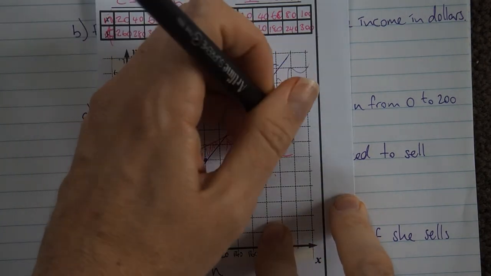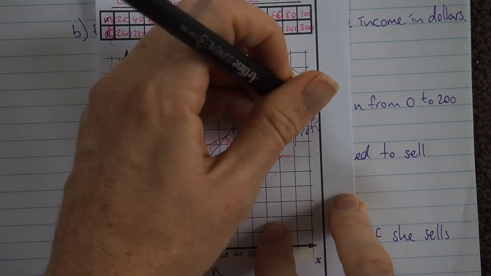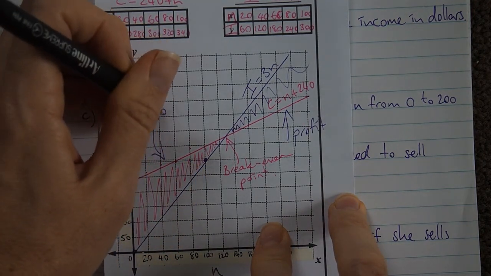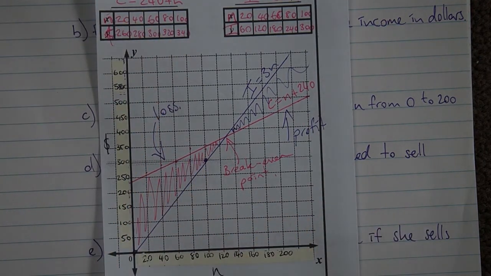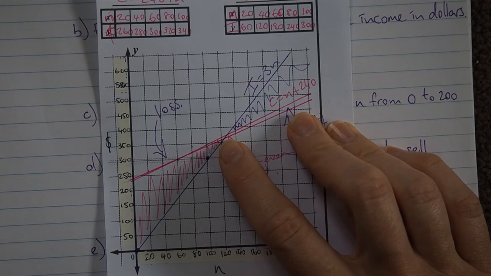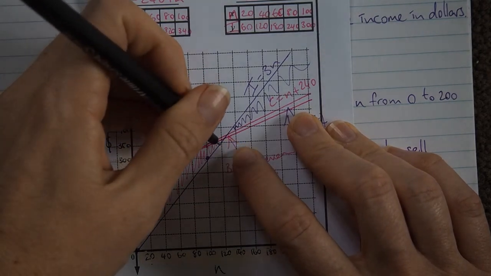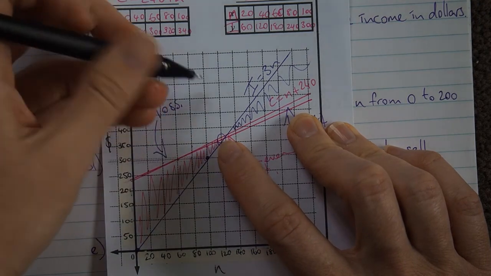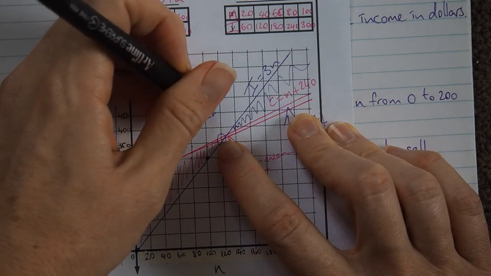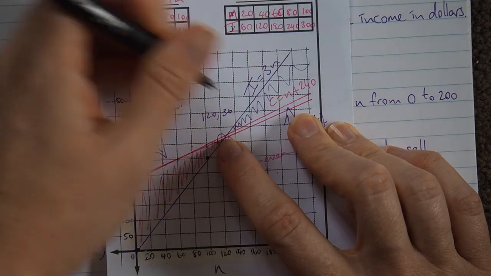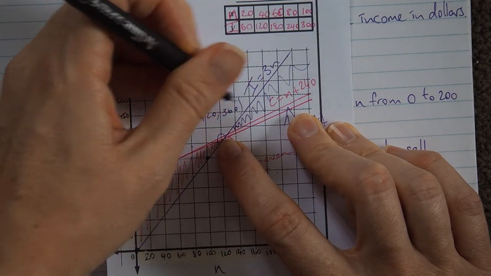So that's our profit happening there. And this is obviously loss. They are losing money until they sell. And my break-even point occurs where the graphs intersect. And if we have a look, our graphs intersect right here at N equals 120, and our cost amount is 360.